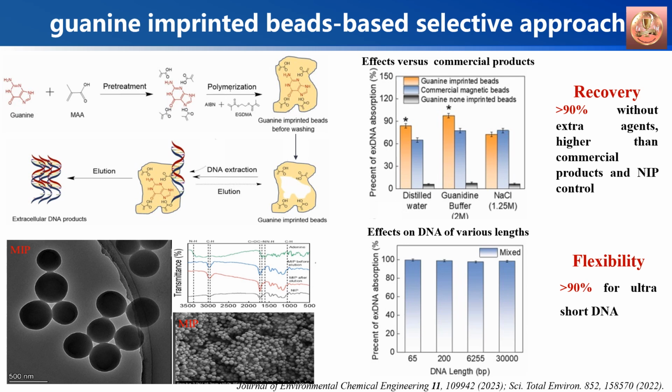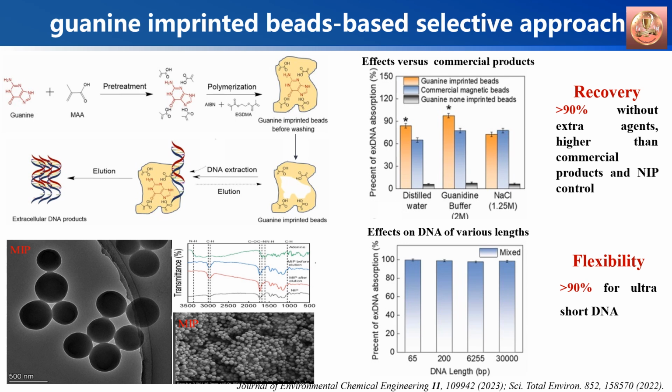So we further optimize the materials. Here we use molecular imprinting. We know that molecular imprinting has the property to recognize the target through 3D cavities.